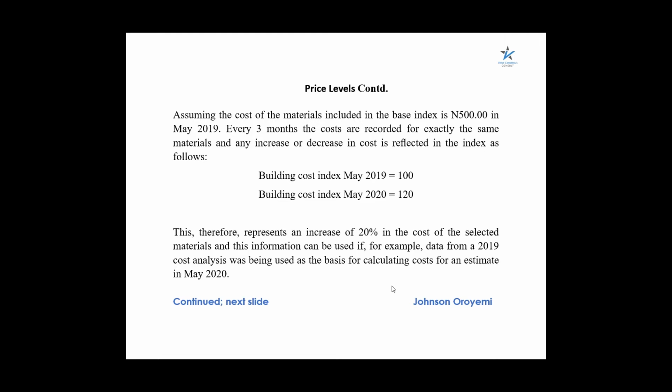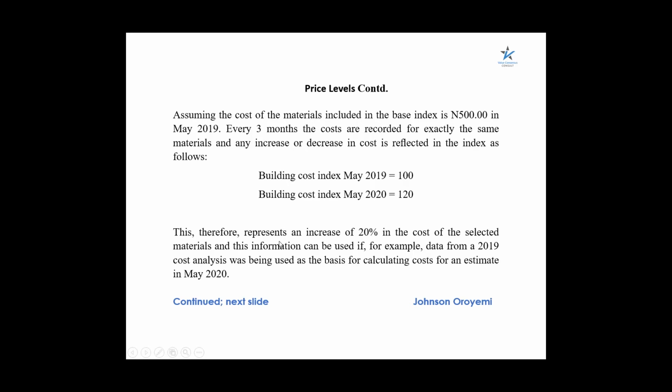Now, if last year the cost of materials for a particular project is 500 naira, and for the same material in May 2020 this year there has been an increase of 20%, then the building cost index will be 120.